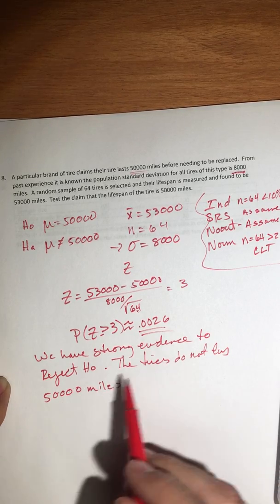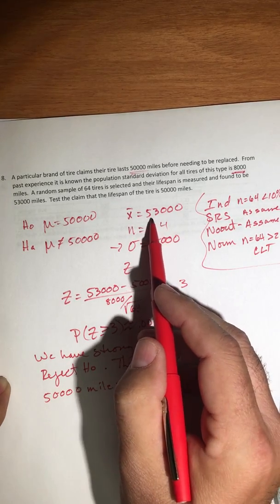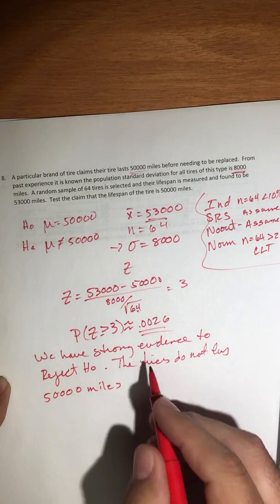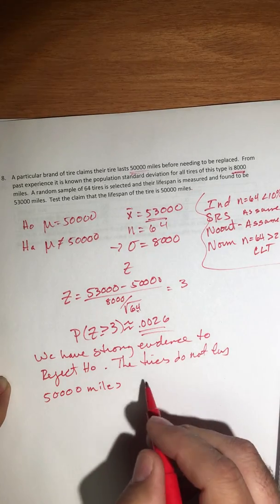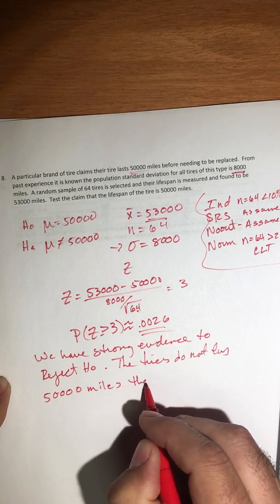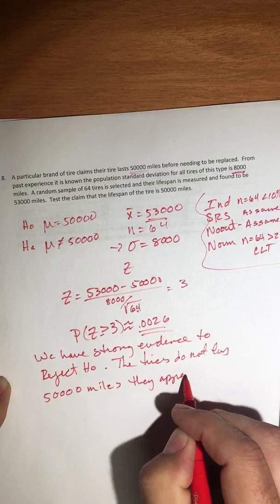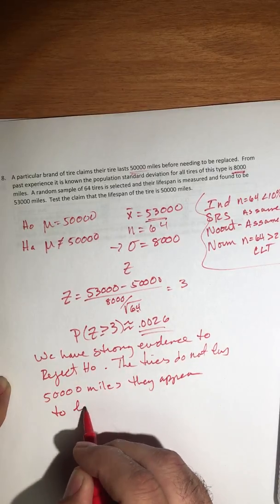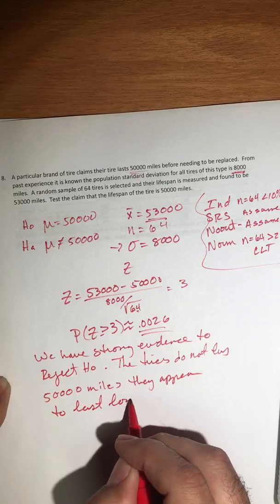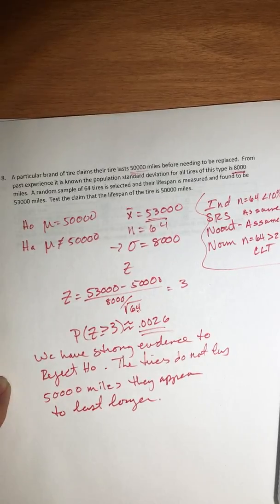Now that sounds like we're saying they last less than 50,000 miles, right? But we have evidence that they last more than 50,000 miles. They appear to last longer than 50,000 miles, and we're done.